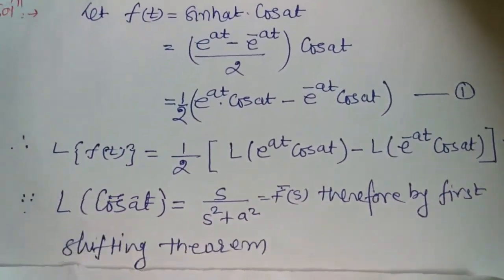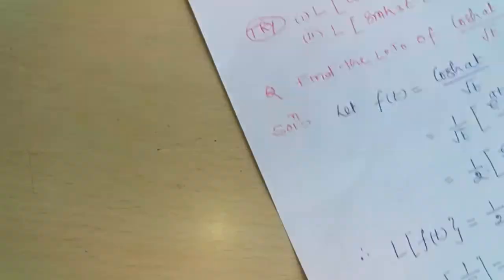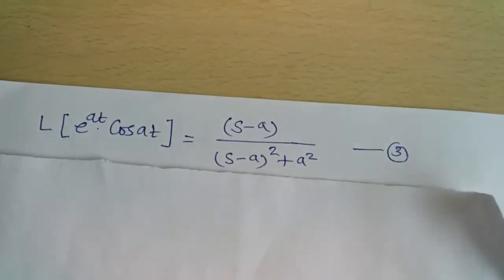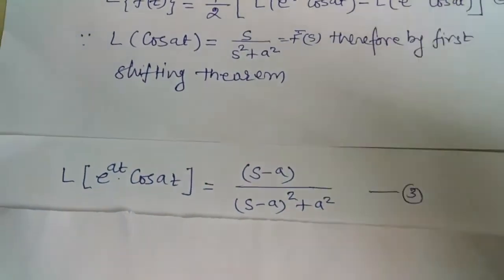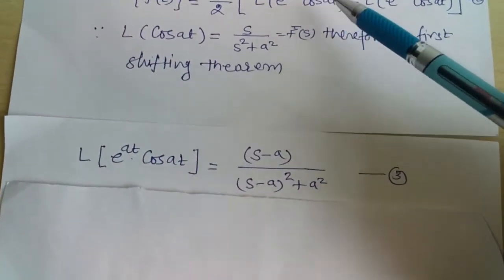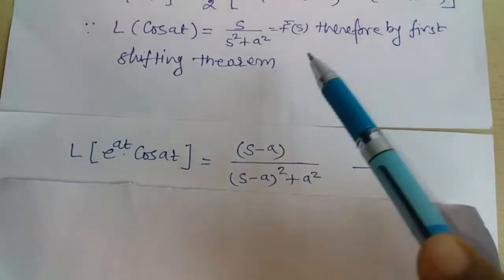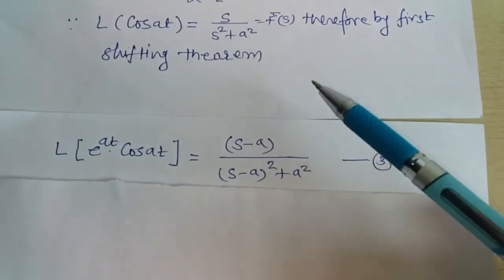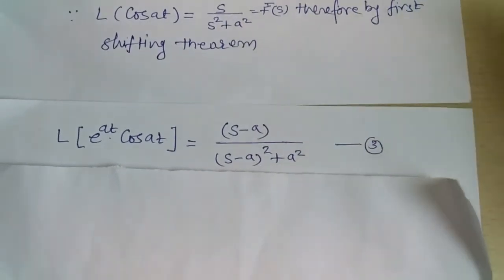Therefore, by the first shifting theorem, we can obtain the Laplace transform of e raised to at into cos at. That is, we have to replace s by s minus a in f bar s, and we get s minus a upon s minus a whole square plus a square.